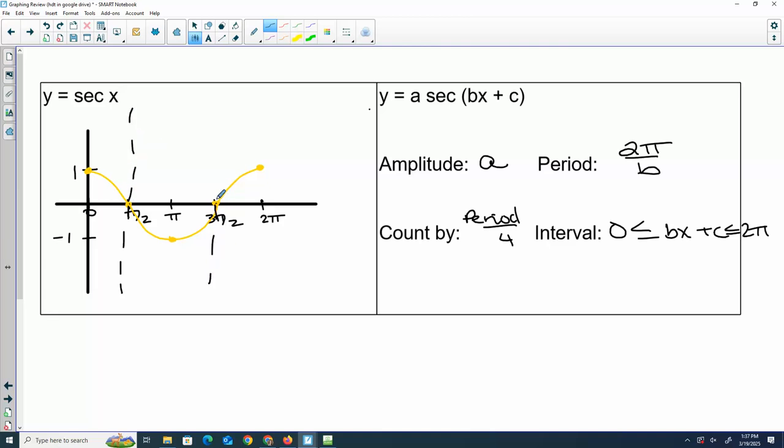Hopefully yours are a little bit straighter than that one is. And keep the high and low points. Turn the graph away from the axis. And for any of these, if I ask for a second period, we just add 4 more points on and keep following our pattern.